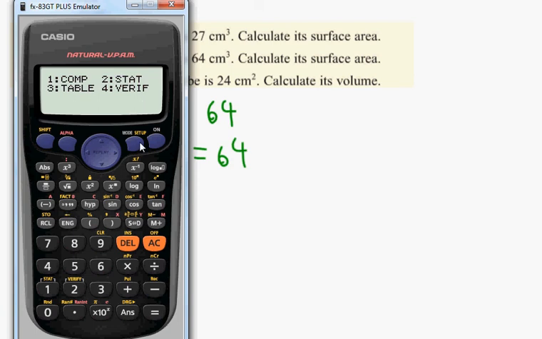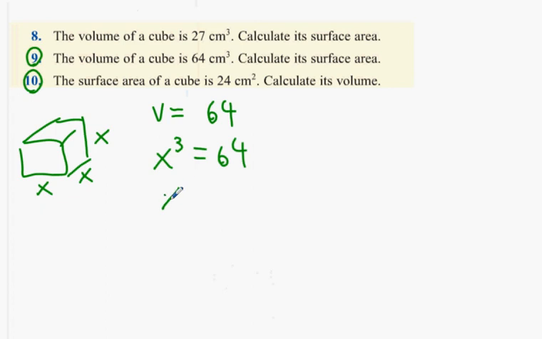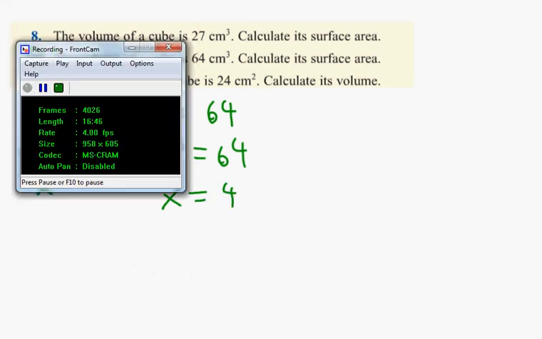So this button here, if you press shift and then 3 in there, it means what number did you multiply by itself 3 times? When you put the 64 in there, it says the answer is 4.